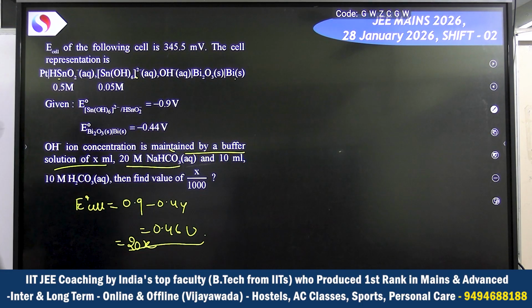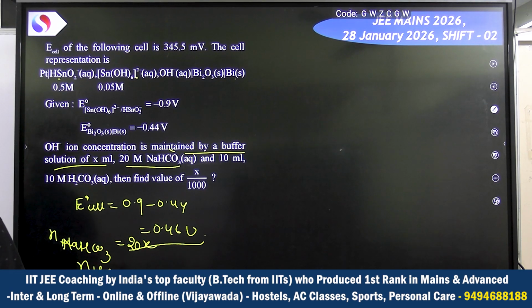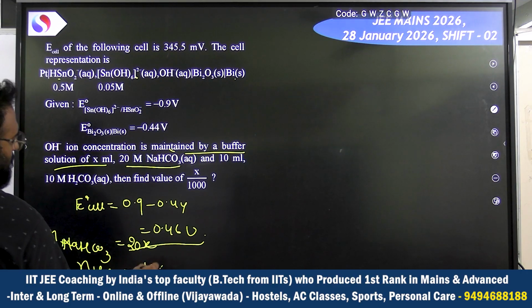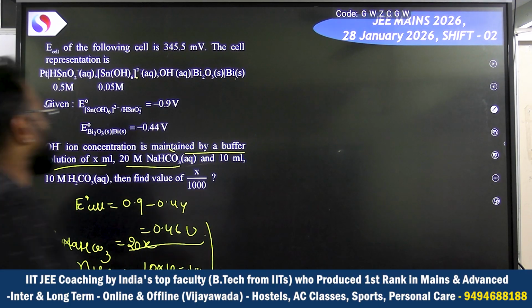Number of moles of NaHCO3 is this, and number of moles of H2CO3 will be 10 into 10, yani 100. This is the data from the question.